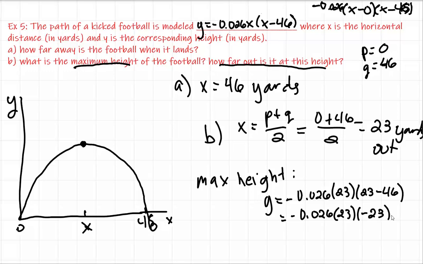And then you just go ahead and use your calculator. So if we do 23 times negative 23, that's going to be negative 529. So negative 0.026 times negative 529. And then if we multiply those two things out, we're going to get roughly 13.75 yards.